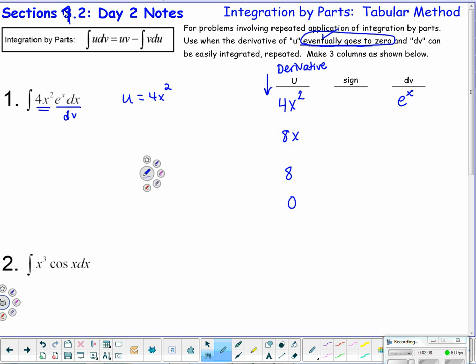In the dv column, this is the column where I'm going to integrate, just as we would with normal integration by parts. And the integral of e to the x, you know what, let's make this just a little bit more interesting. Let's call it e to the 3x, just to make it a little more difficult when we're integrating, because I'm sure you'll hit those types of problems in homework.